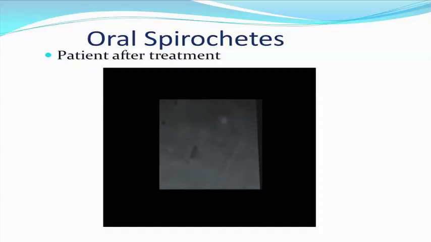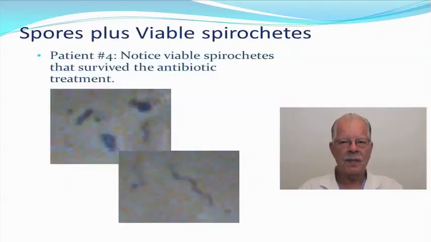Obviously, over a long period of time, this patient had several infections and was treated many times with antibiotics, so they became resistant. The interesting thing about this case is that we put him on heavy-duty antibiotics, amoxicillin and Flagyl, 500 milligrams each. During the second week of the antibiotic treatment, when I did my plaque sample, we found viable spirochetes that were resistant to even this very powerful antibiotic combination.